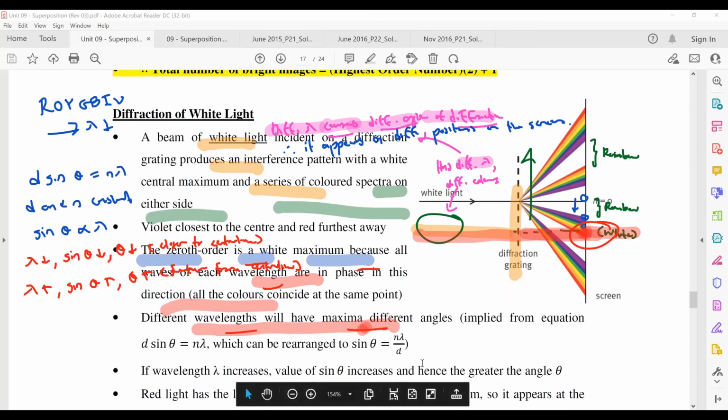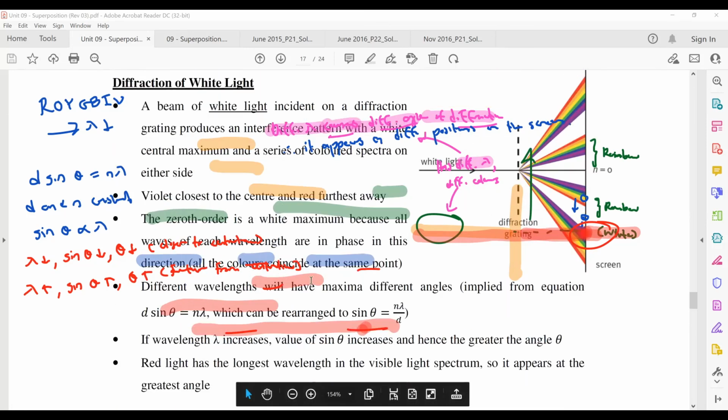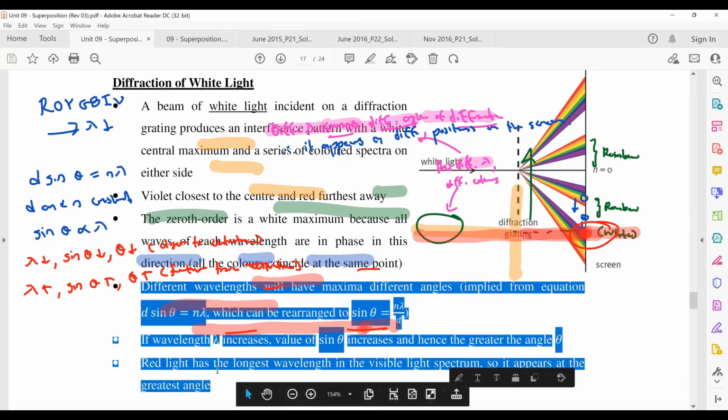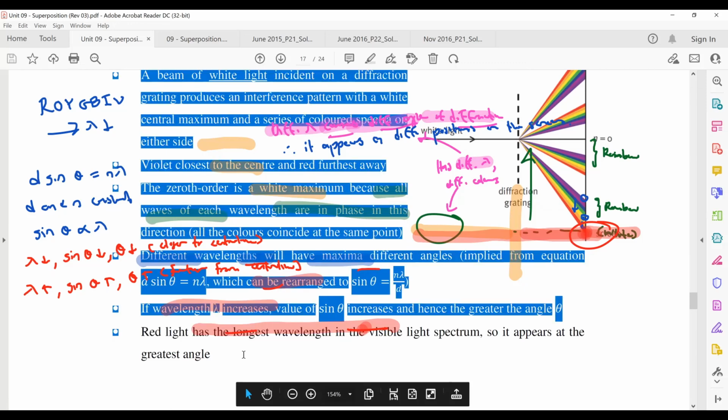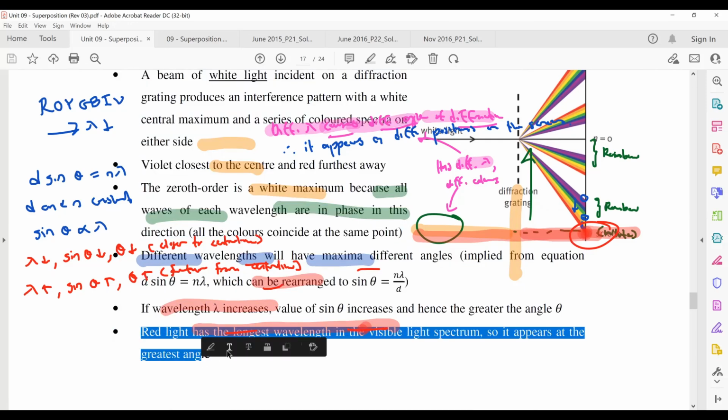All right, so as for why the colors will smear out, why certain colors will be closer towards the center and why certain colors will be further away from the center, I wrote that here as the explanation, and I also wrote it inside the notes. Basically it's the same thing. Red light has the longest wavelength in the visible light spectrum, so it will always appear at the greatest angle.